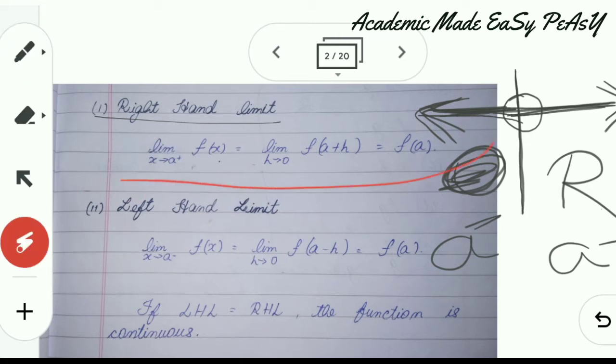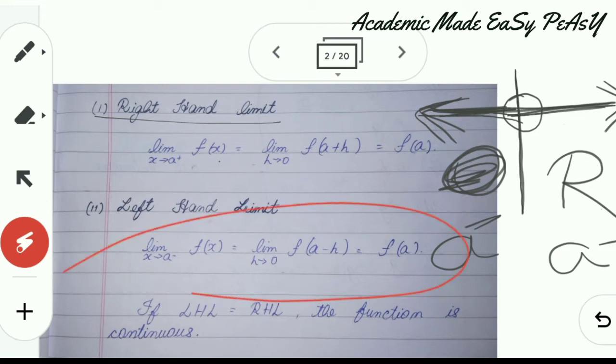That is the formula which we will be using. Limit x tends to a plus f of x is equal to limit h tends to 0, f of a plus h, is equal to f of a. And for the left hand limit, limit x tends to a minus f of x is equal to limit h tends to 0, f of a minus h, is equal to f of a.